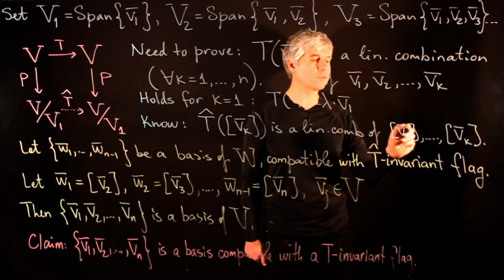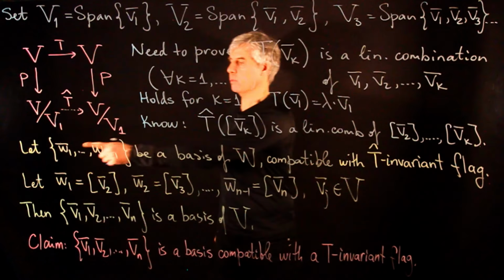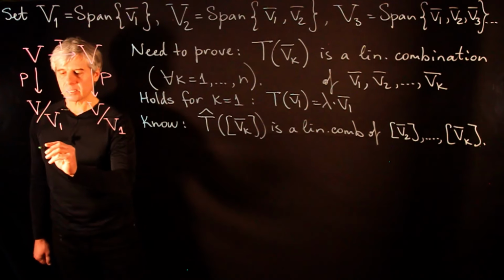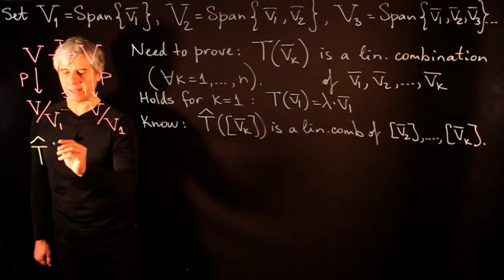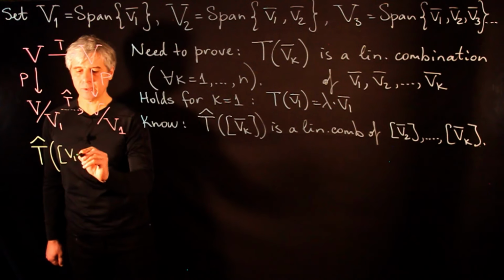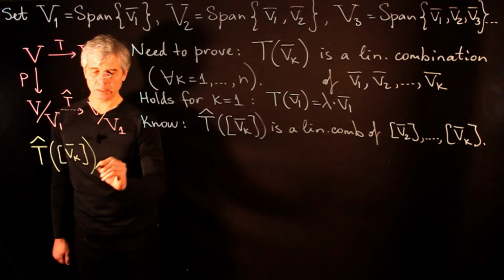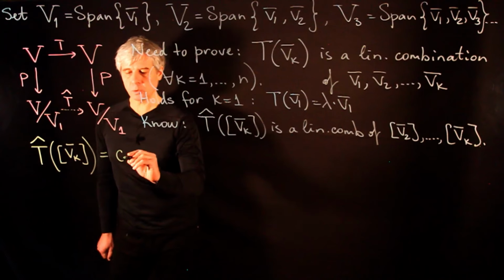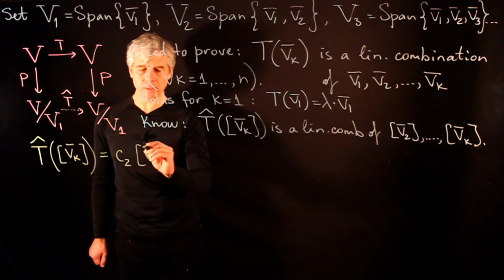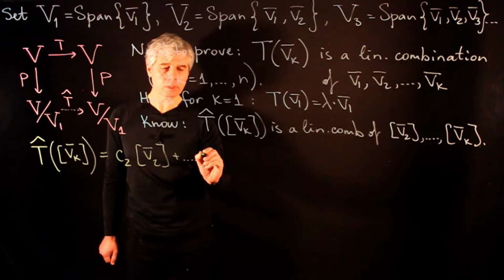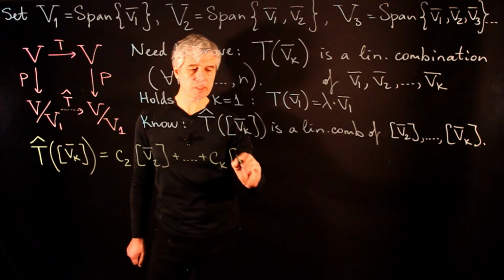So the class of V2 is the vector W1. Let us write this down. We have T hat applied to the class of Vk is equal to C2 times the class of V2 plus dot dot dot Ck times the class of Vk.